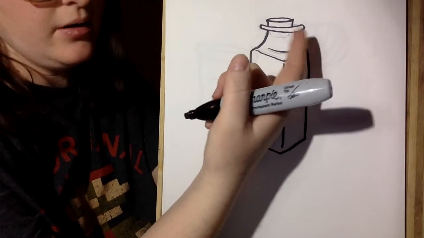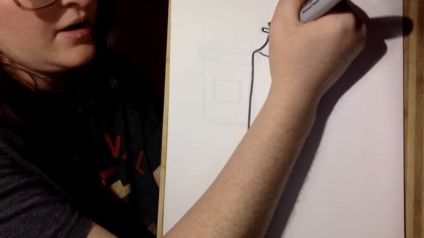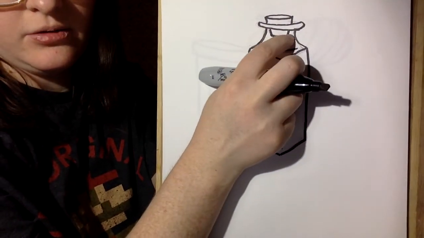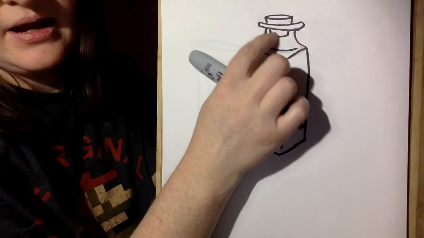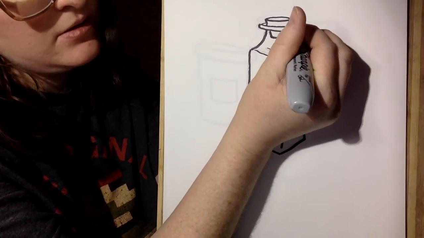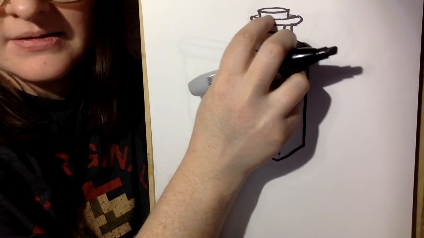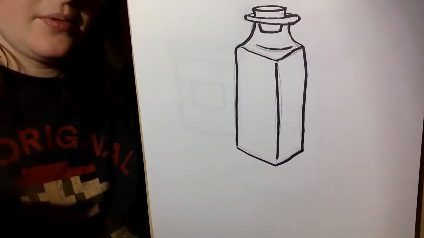You can stop there, or because it's glass, you can have the bottom part of the cork that comes down, again a little bit rounded on the bottom. And because it's sitting inside of another opening, you could do those little lines that start to go back as if you're going to continue it, but they stop because there's an object in there.